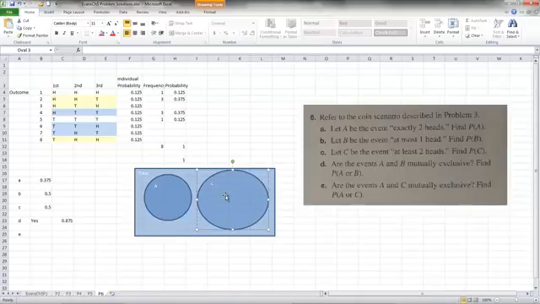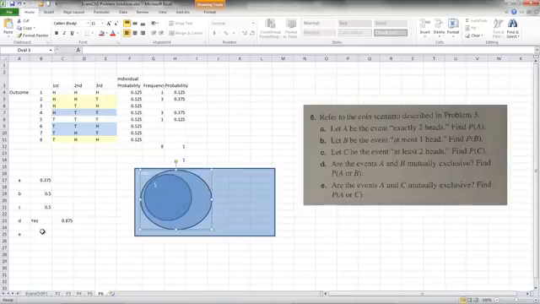So the probability of C is going to be larger. We already saw that because it's whether you have 2 or 3 versus if you have exactly 2 heads. But they're overlying each other because C does contain some part of A. As a matter of fact, if you really look at it, C contains all of A.